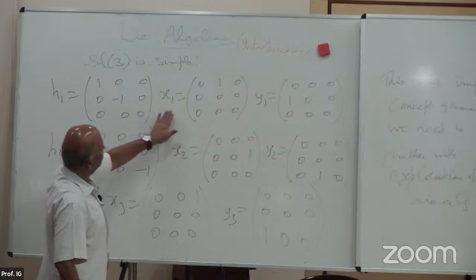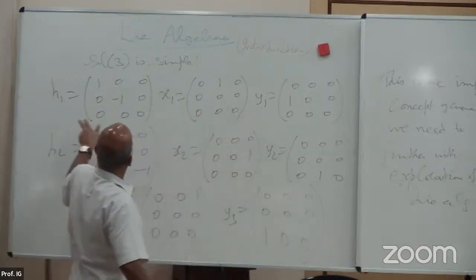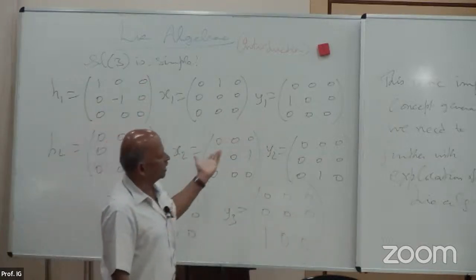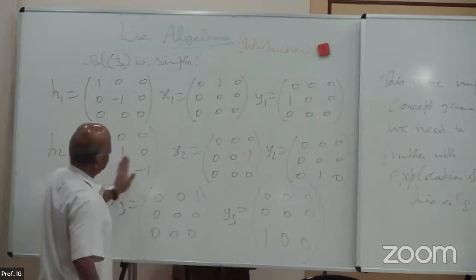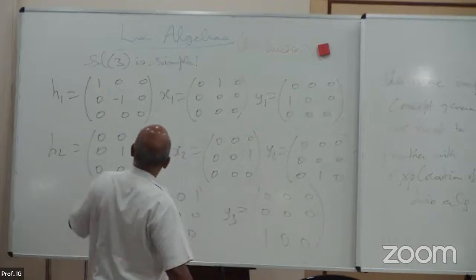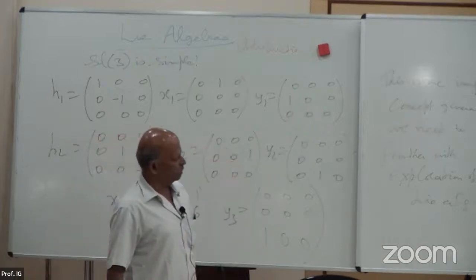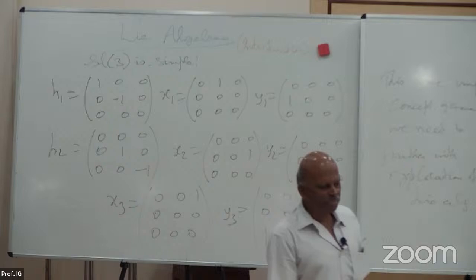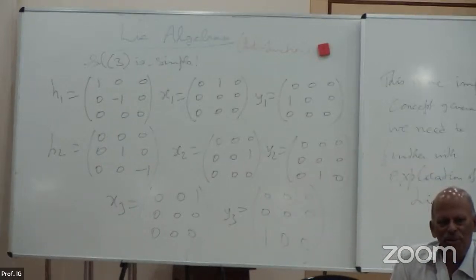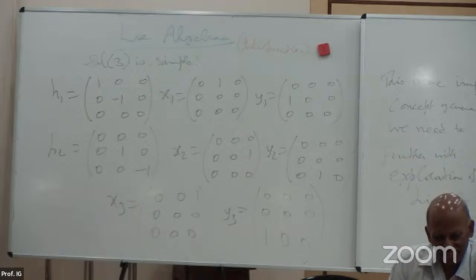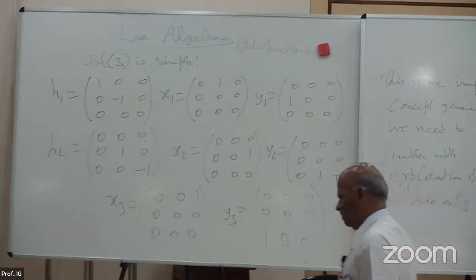H1, X1, Y1, if you see, the third row and third column are not at all going to play any role. And H2, X2, Y2, if you see, the first row and first column are not going to be playing any role. I have already mentioned something that in any Lie algebra, we will be looking forward to copies of SL2. And this is what is happening here.